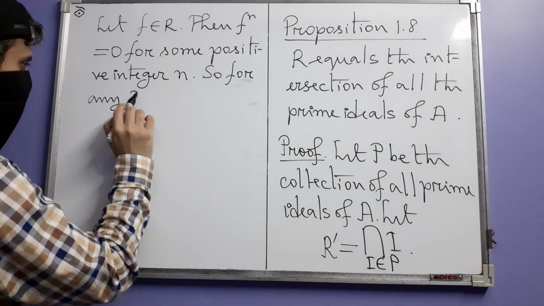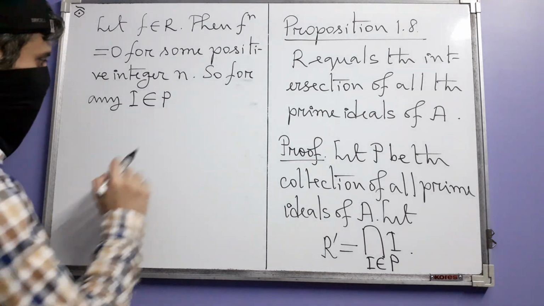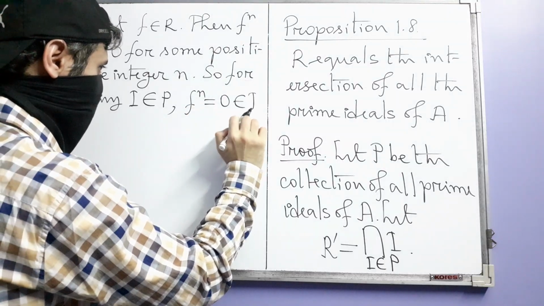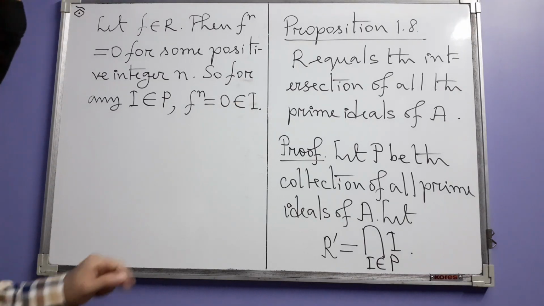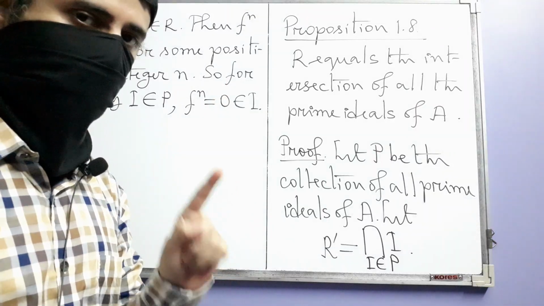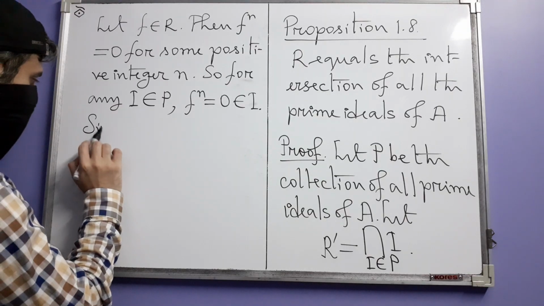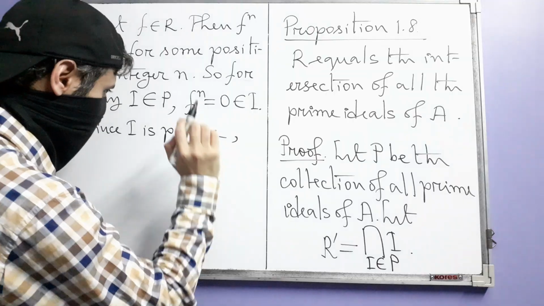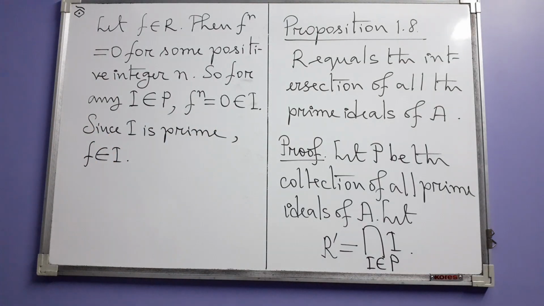Any I belonging to P. This means that I is a prime ideal of A. This 0 belongs to I because I being an ideal obviously has the 0 element. So you see that the nth power of the element f belongs to I. Now you use the fact that I is a prime ideal. Since I is prime, so f itself has to belong to I.